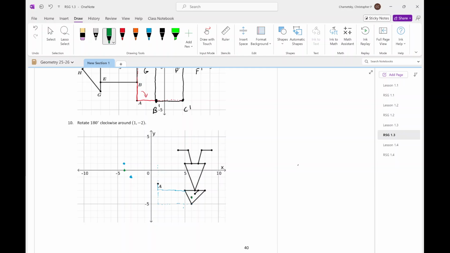And I can start drawing the rest of this.